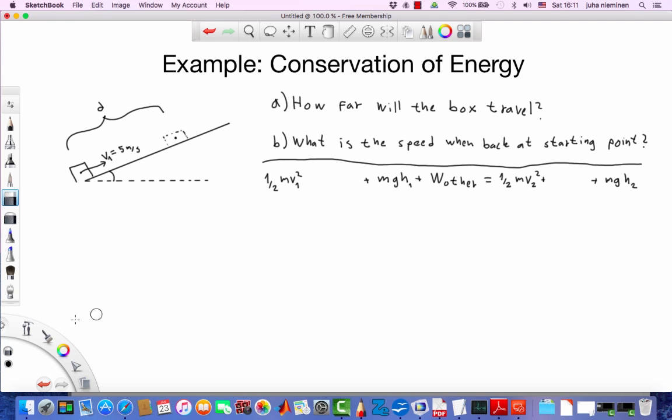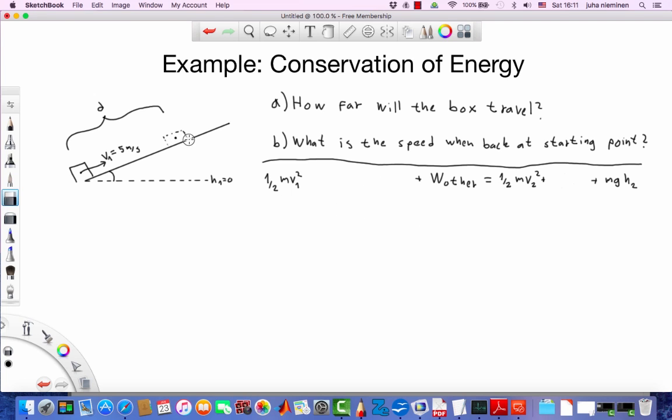Also, we've defined our initial height as 0, where we start from. So we don't have gravitational potential energy either in the beginning.